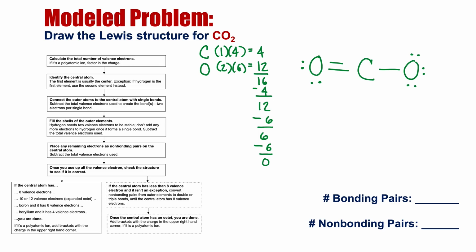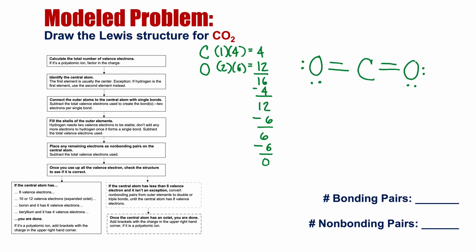So what I'm going to do now is I see that there's another location to make another double bond. So before trying anything with a triple bond, if that first double bond doesn't make that central atom happy, and if there's another location to make another double bond, I'm going to create another double bond. So the oxygen on the right, I pick any one of the non-bonding pairs from it, I erase it, and I create a double bond in that place.